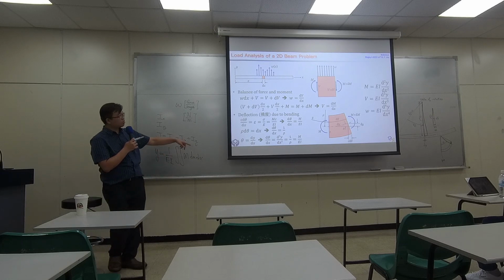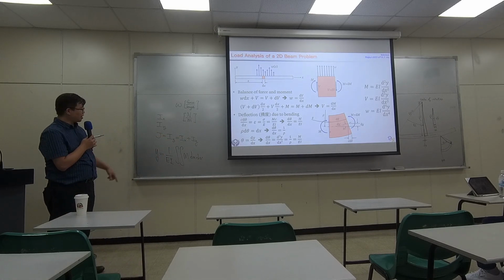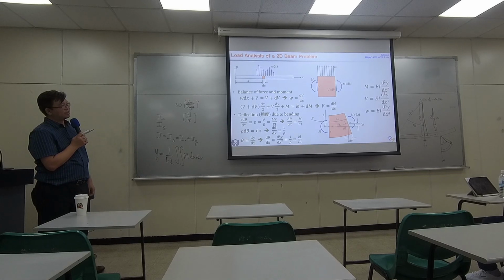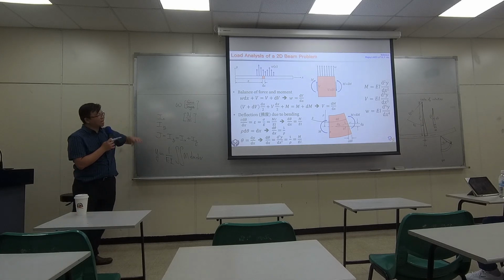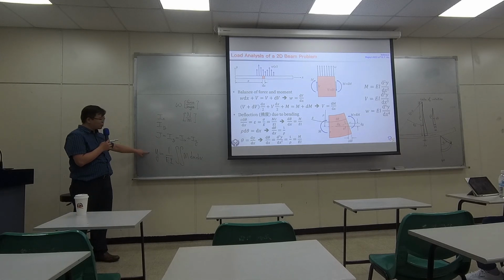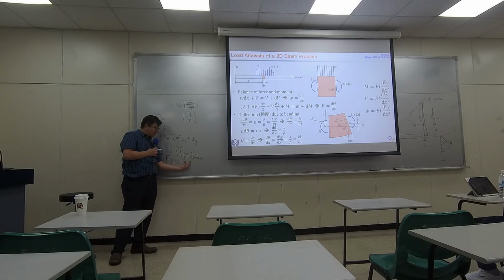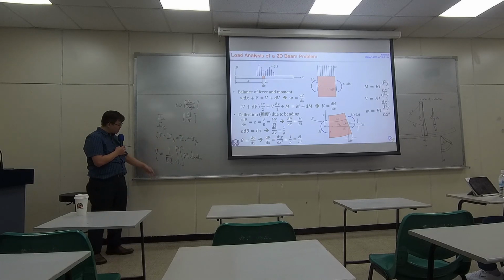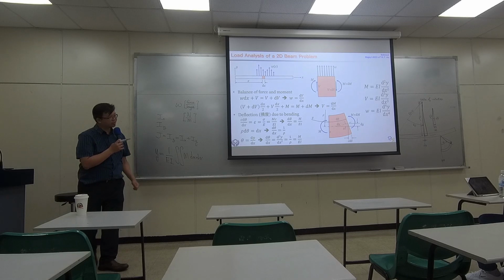Then you can get y, right? That's how you can compute deflection. So the key of this slide is to get this equation. If you know how much moment you have at any point, if you take the integral twice, you get how much deflection you have at that particular point.